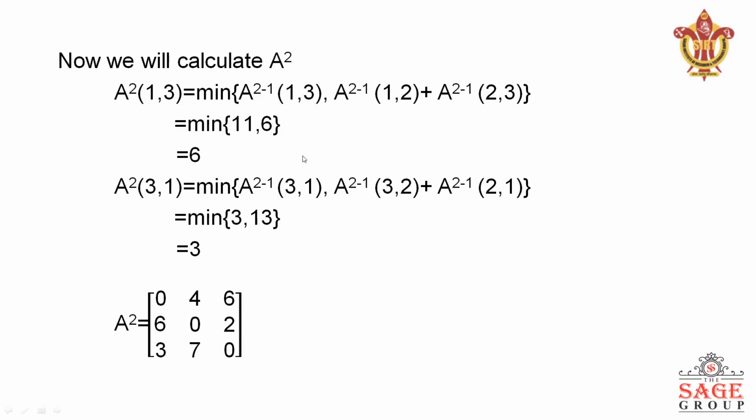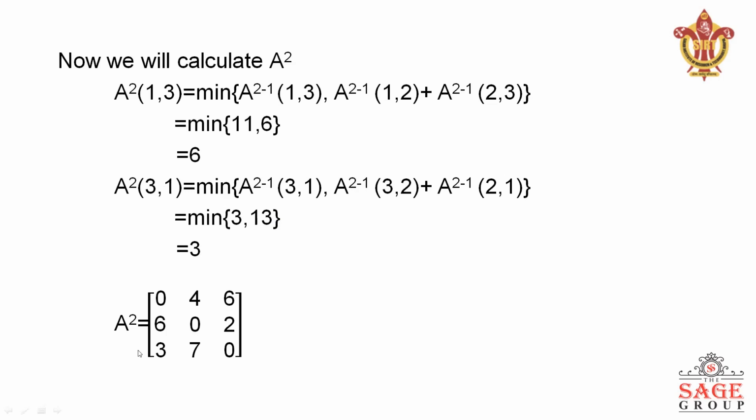We apply the minimum function and receive 6 as the minimum value between 1 and 3. We apply the same between 3 and 1, and we find that 3 is the updated value. We use this to update the cost matrix after the second iteration. So the matrix looks like this.